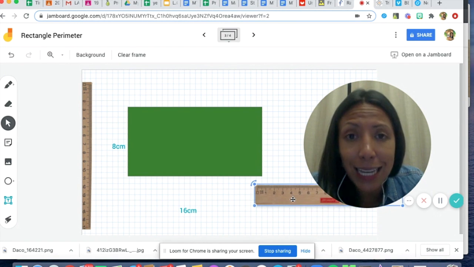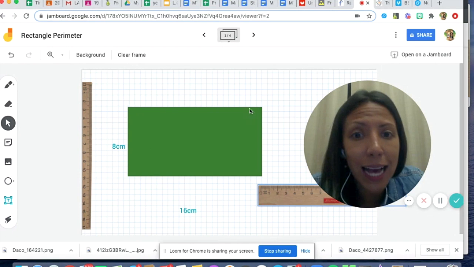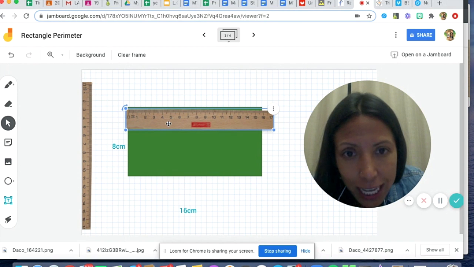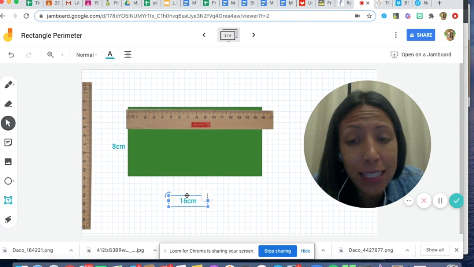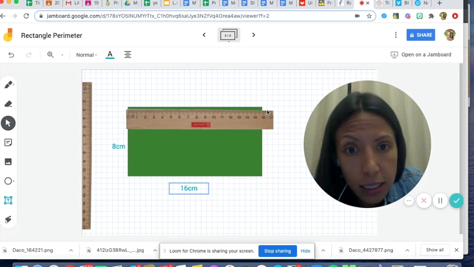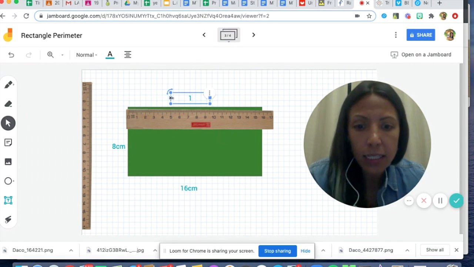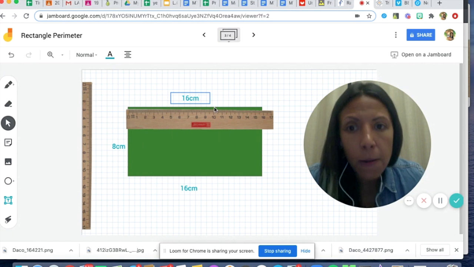Therefore, since it's a rectangle and it has 2 equal sides, the other side will measure exactly the same as this one. Can you see? 16 centimeters. I'm going to write it here, 16 centimeters.